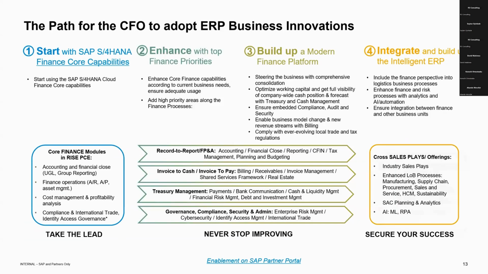In my next slide, you see we start with SAP Finance core capabilities. Here you have accounting and financial close, group reporting, finance operations, that is AR receivables, AP payables, and asset management, and cost management and profitability analysis. This is also built in.